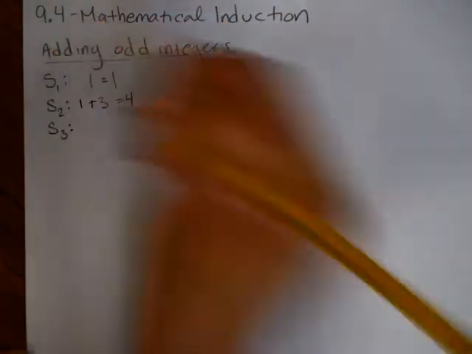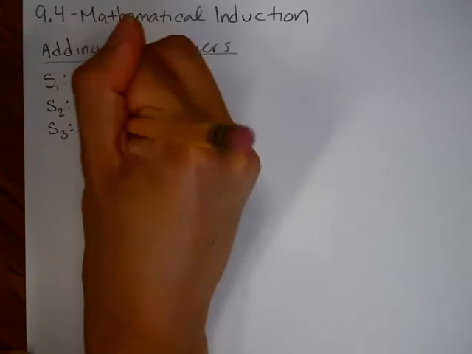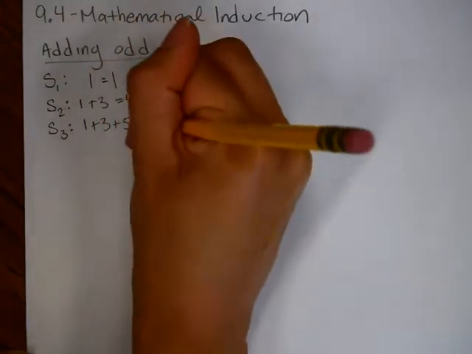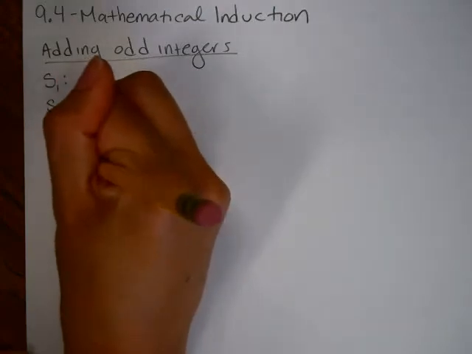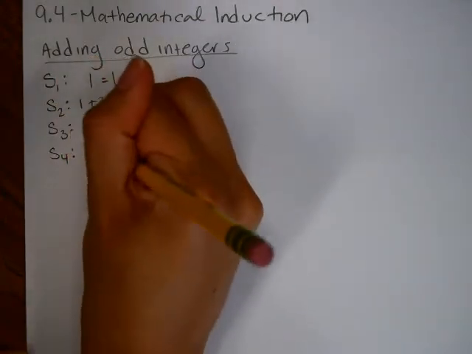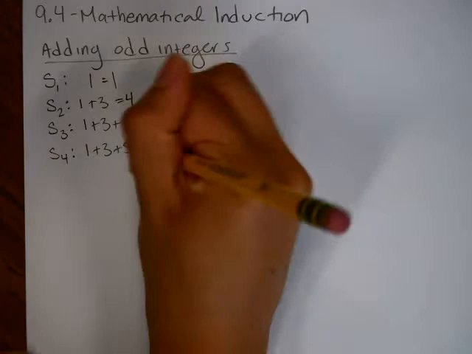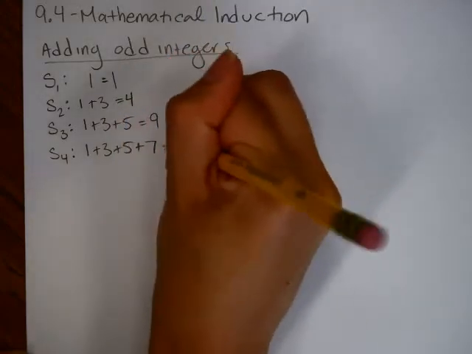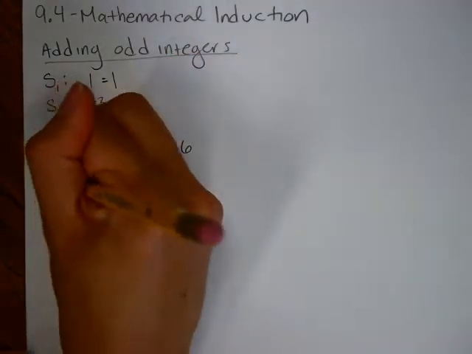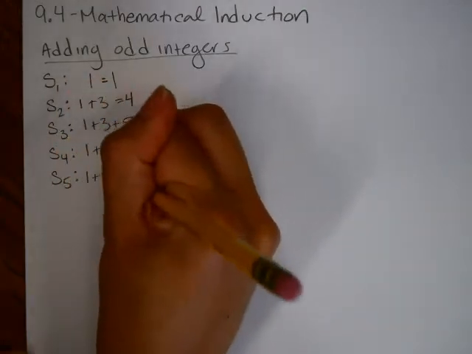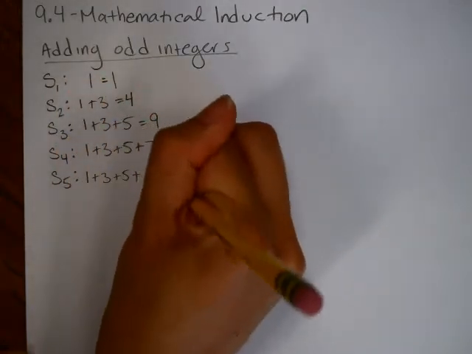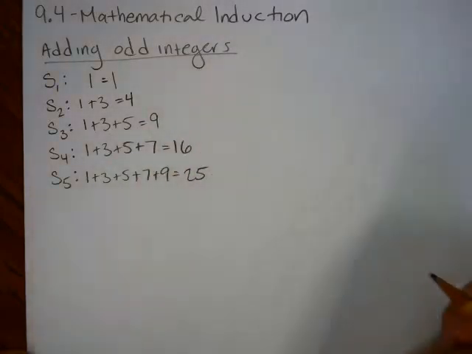The sum of the first three, 1 plus 3 plus 5, is 9. The sum of the first four, 1 plus 3 plus 5 plus 7, is 16. And the first 5 is 25.